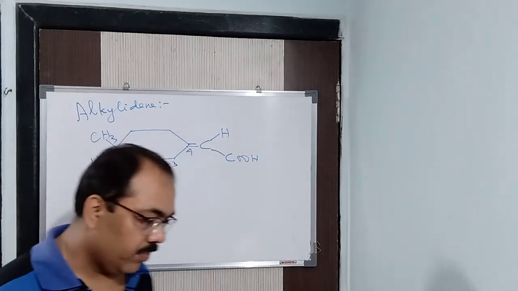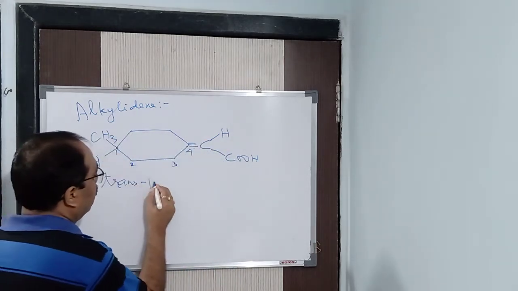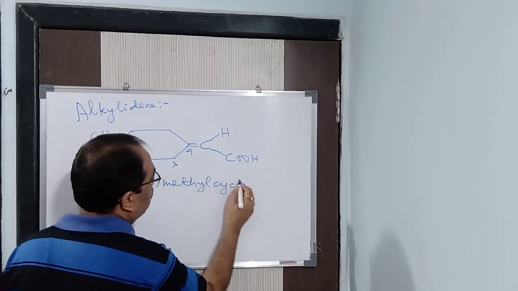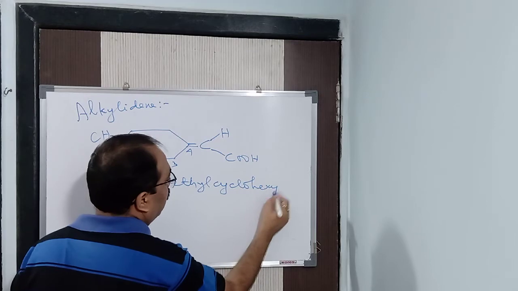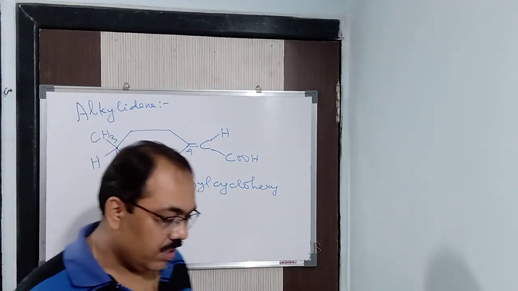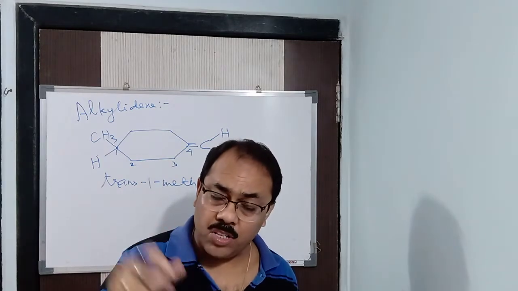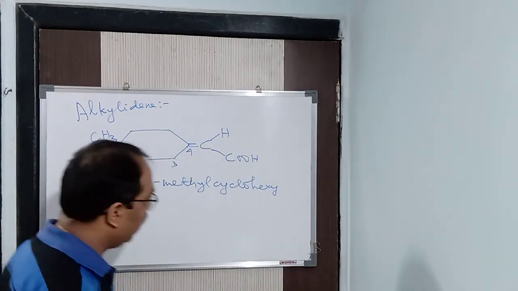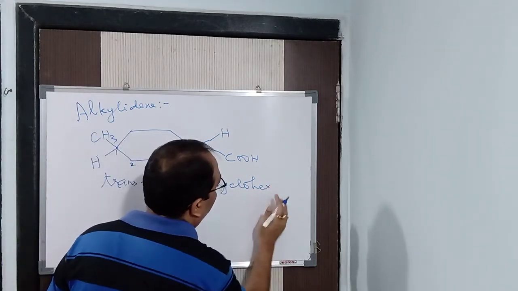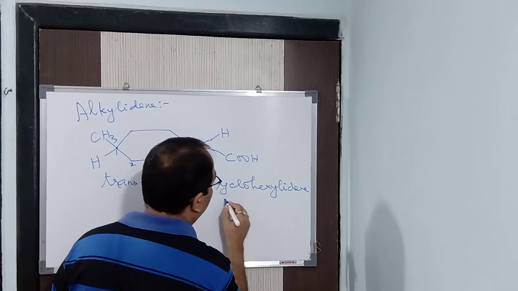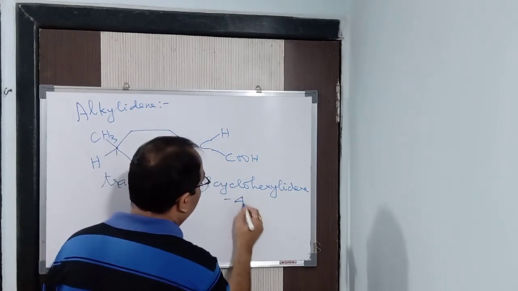1-methyl, then cyclohexyl, then the double bond C is there, so cyclohexylidene. Then in the fourth position, what do I have?